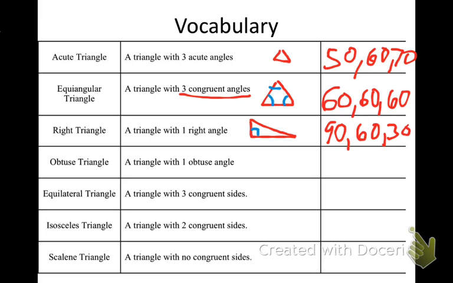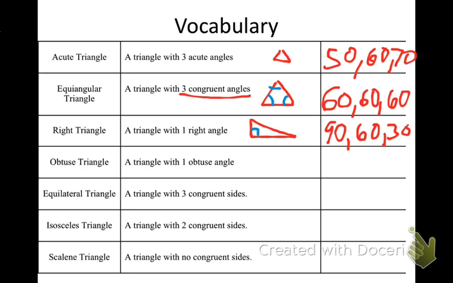But anything that has one right angle is a right triangle. Is it possible to have 2 right angles in a triangle? No. Why is it not? It would not work because it has to have 3 angles. 90 plus 90 is 180 already. It doesn't work. Then the angle doesn't exist technically.